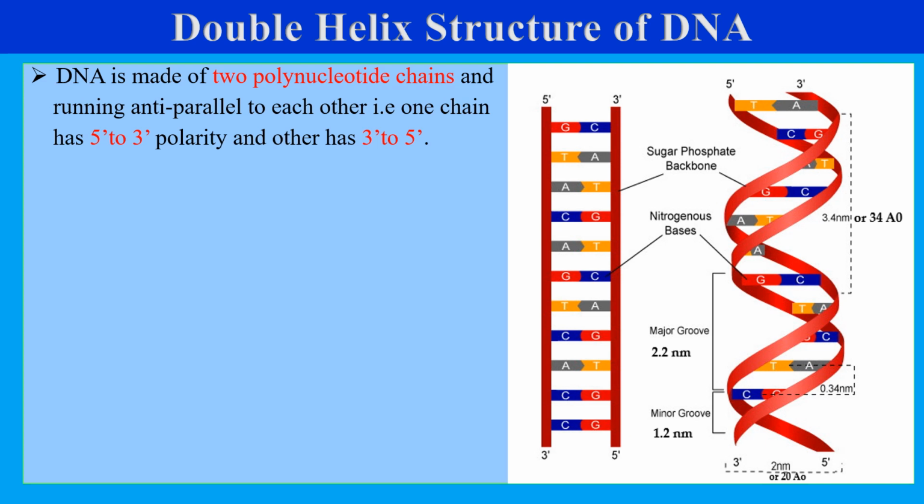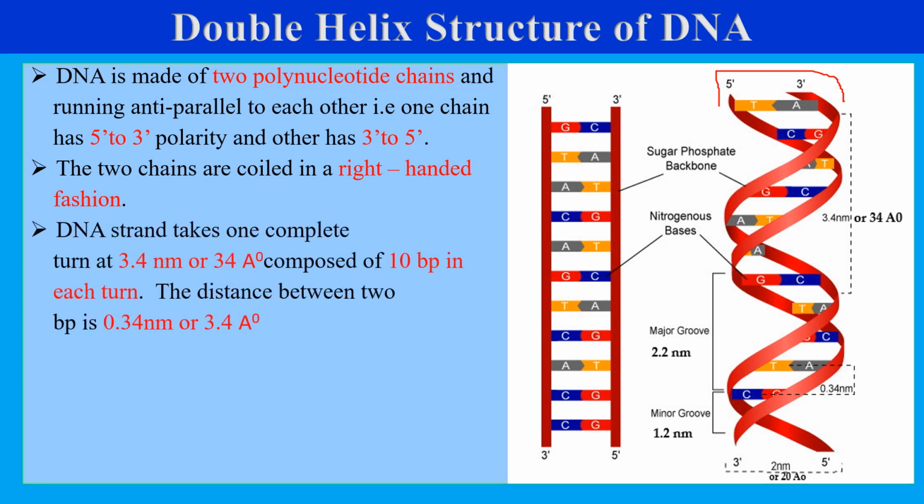Anti-parallel means one chain runs in the 5' to 3' orientation and the other chain runs in the opposite direction, with 3' to 5' orientation. Both the chains are helically coiled with each other and look like a coiled ladder, and the coiling is right-handed.